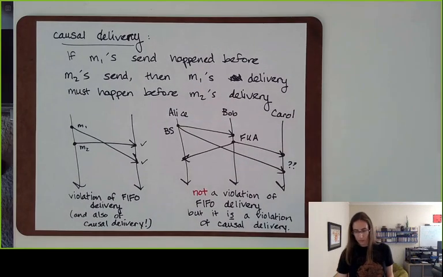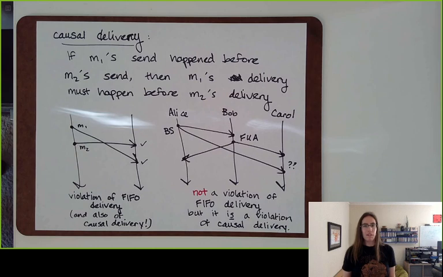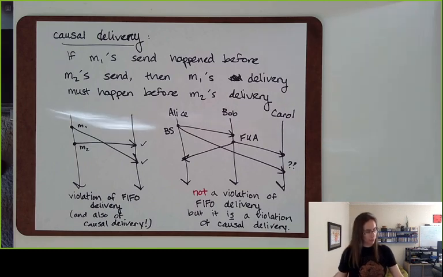So what does this mean? Well, we already talked about how Fifo delivery is already given to us in some sense for free by protocols like TCP. So if we're implementing our distributed systems on top of an underlying protocol like TCP, we're in pretty good shape as far as Fifo delivery is concerned.